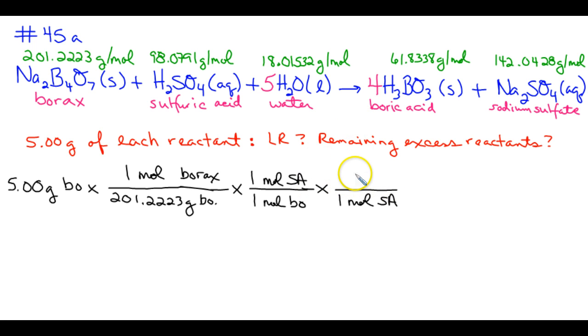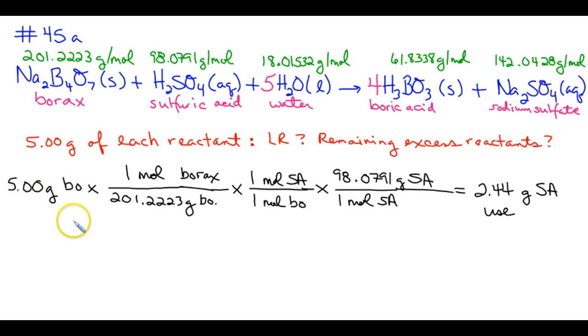So let's see, 98.0791 grams of sulfuric acid. So we are going to use 2.44 grams of sulfuric acid. Now, we had 5 grams. So to get the leftover, we have to say 5 minus 2.44, which will give us 2.56 grams of sulfuric acid left over.